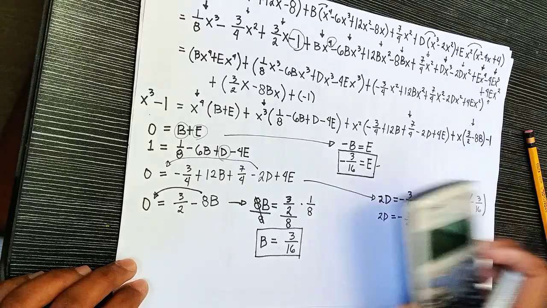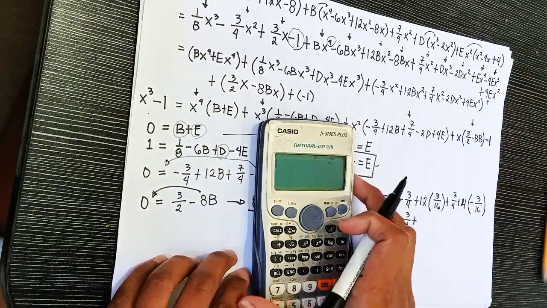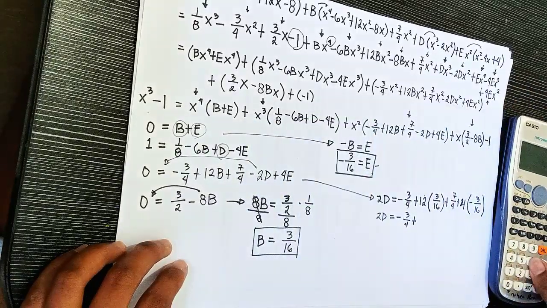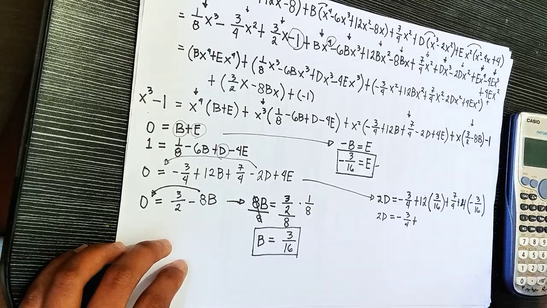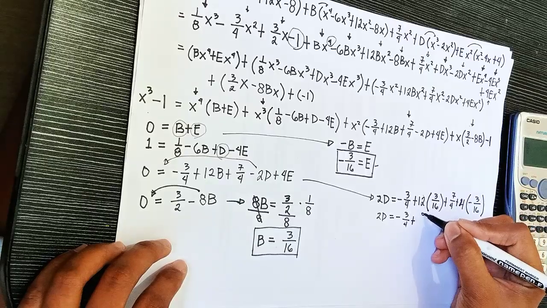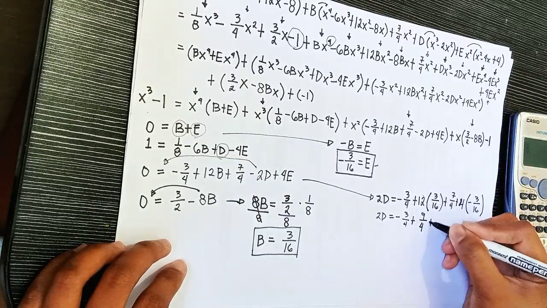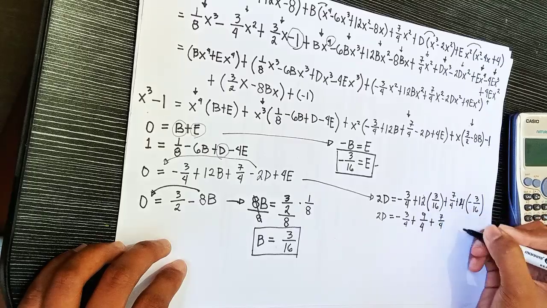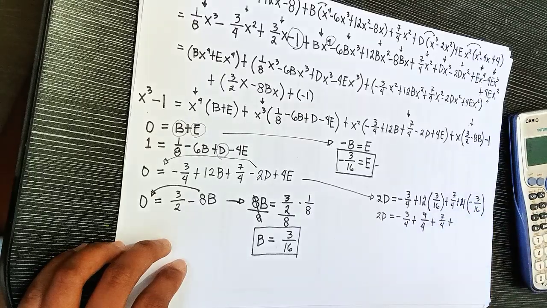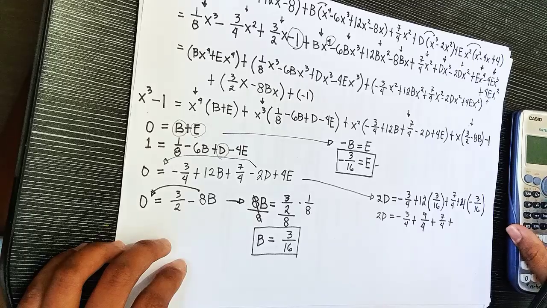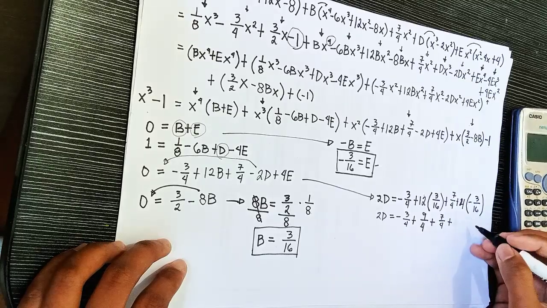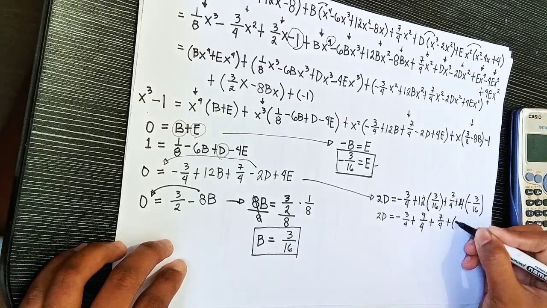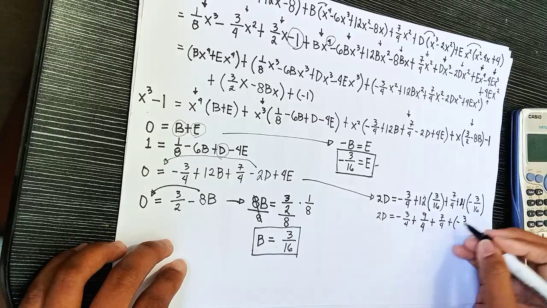In the calculator, 12 times 3 is 36 over 16, which will be reduced to 9 over 4, plus copy 7 over 4, plus 4 times negative 3 over 16. That becomes negative 12 over 16, or when we simplify it, negative 3/4.